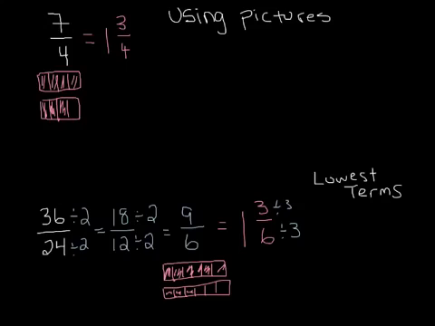That stays the same. So when we're dividing here, 3 divided by 3 is 1 out of 2. And that's in lowest terms. So those are 2 different examples of pictures. On the next slide, I'm going to do a couple more examples, and I'm going to show you how to use just division to get those answers.